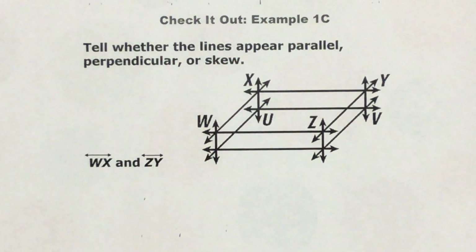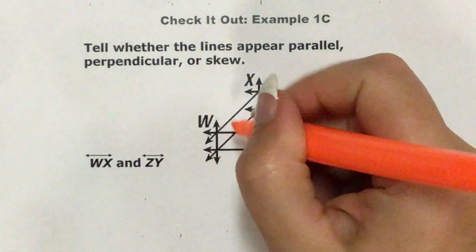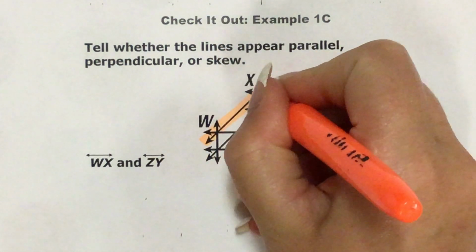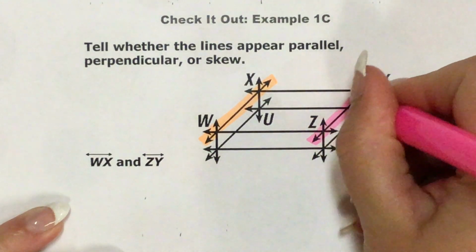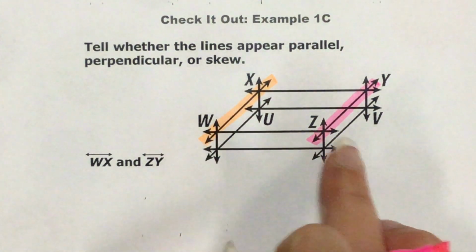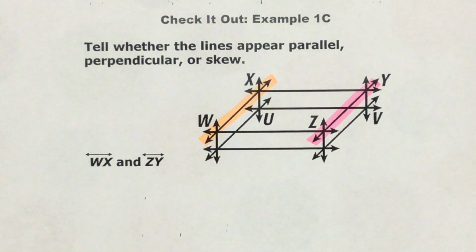Okay, on to example 1C. So now, again, we're looking at WX and ZY, which is over here. I think it's pretty clear to say that those lines are parallel.